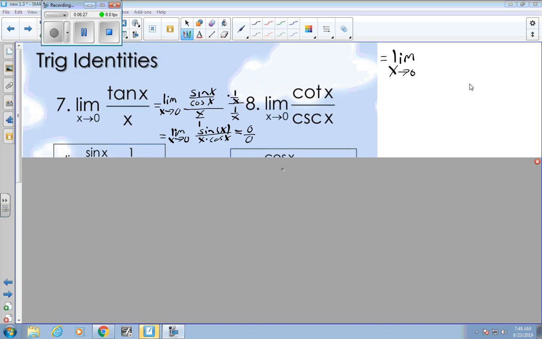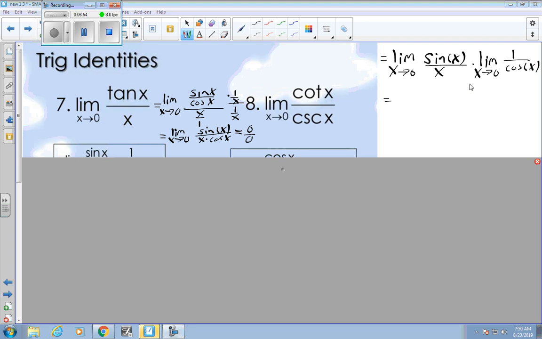So I've got to manipulate this somehow. So I have the limit as x approaches 0 of sine x over x grouped together, and then that leaves me with the limit as x approaches 0 of 1 over cosine of x.